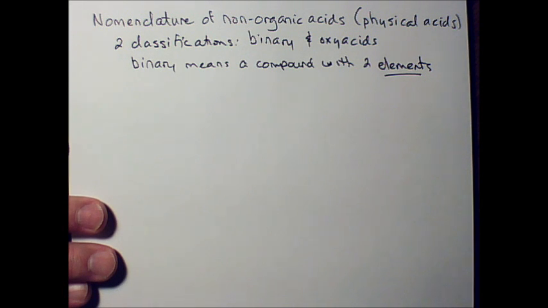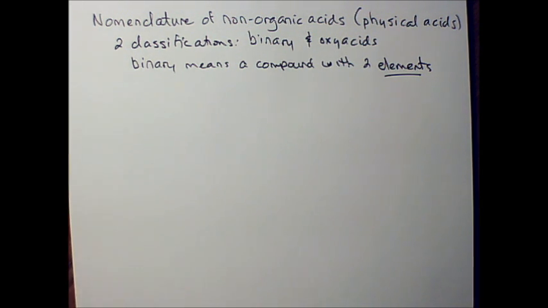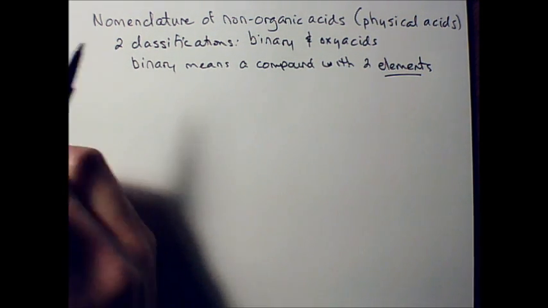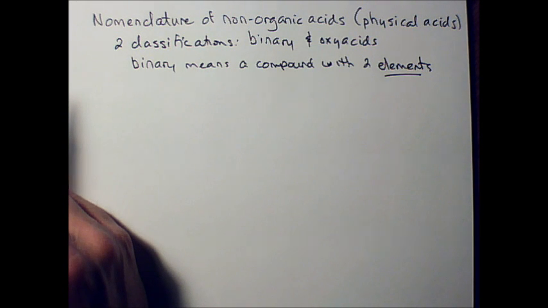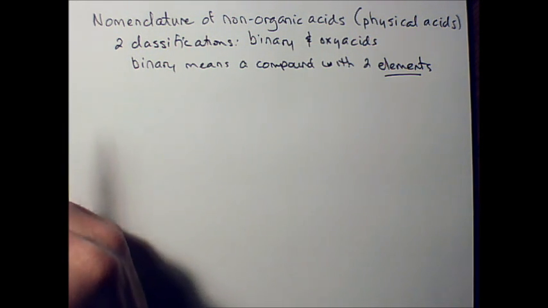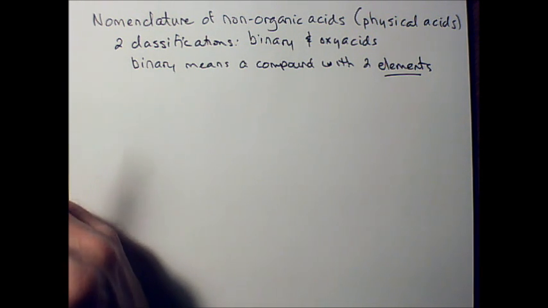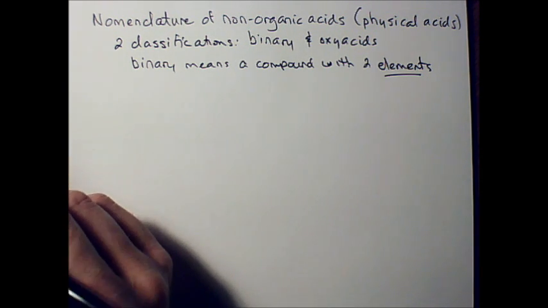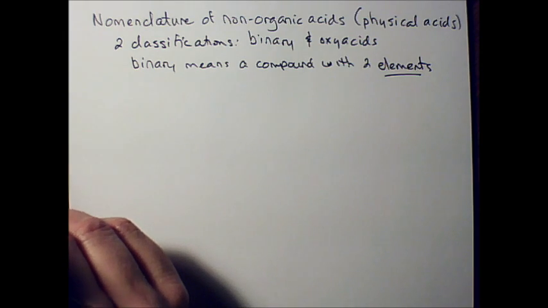Students often confuse elements with atoms, and they do not mean the same thing. A compound with two elements might have 100 atoms, but only two different kinds. And so when we say binary, we mean only two kinds of elements.